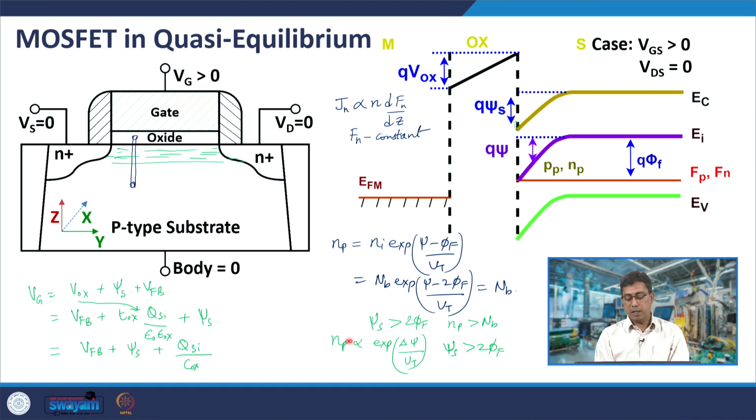So, you keep on exponentially increasing NP. If you exponentially increase NP, silicon charge exponentially increases. So, if you increase the gate voltage Vg by a certain value, you increase the surface potential by a small value, silicon charge would increase exponentially, and therefore, the surface potential needs to increase by only a very small value after the onset of strong inversion.